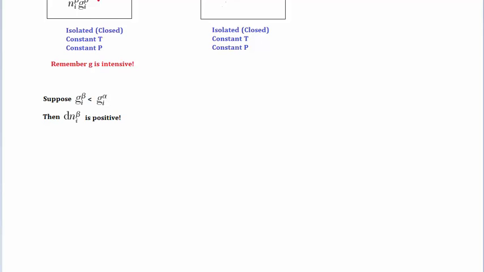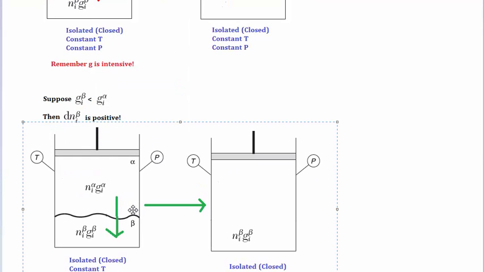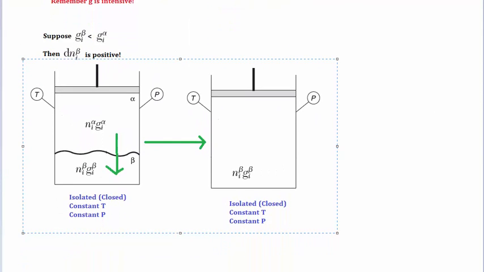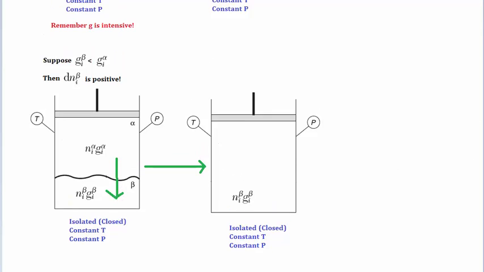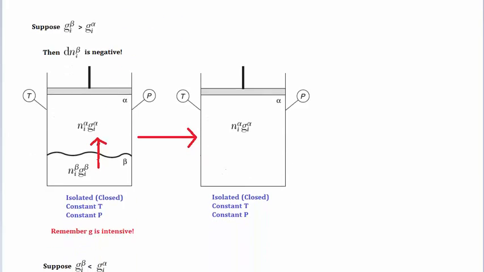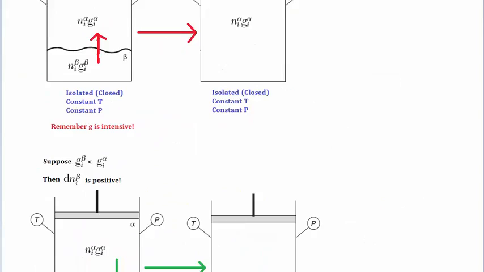What are the implications of that? The implications are that in your isolated system, if dn beta is positive, then you're gaining more of the beta phase. The alpha is being converted into the beta, and at the end of the day, you're going to be left with nothing but beta.